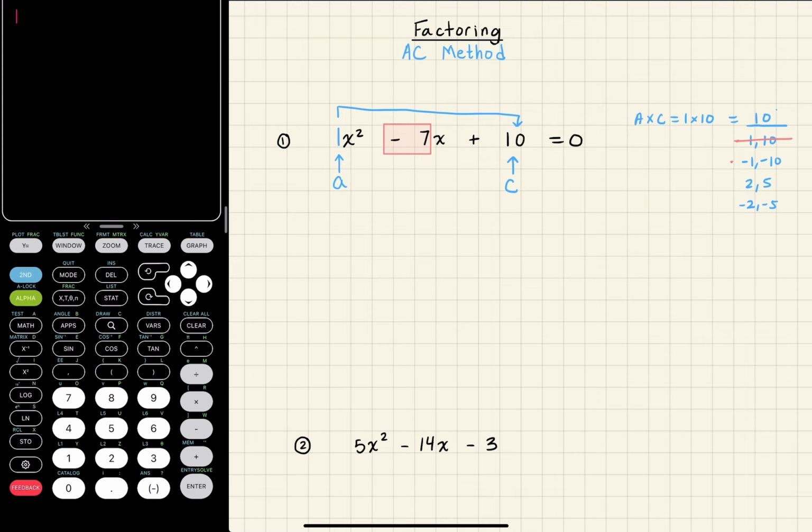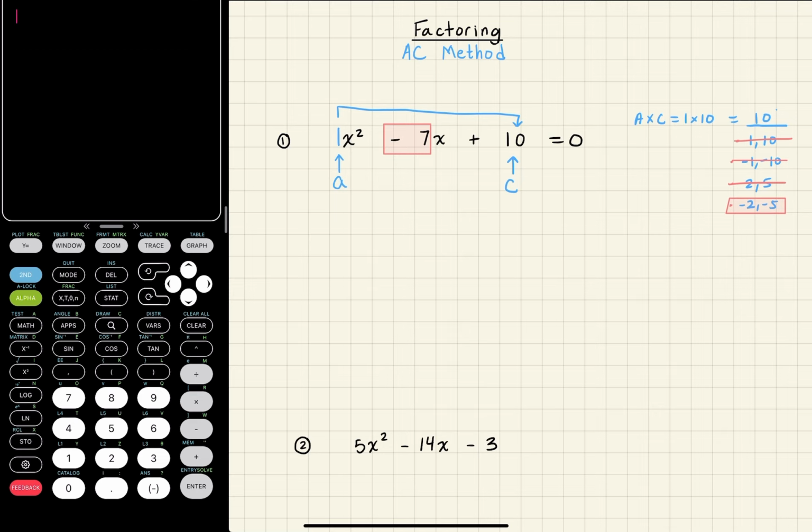Negative 1 plus a negative 10, that's a negative 11. So that's out. 2 plus 5, that's a positive 7, but not a negative 7. We need a negative 7. Negative 2 plus a negative 5, that is a negative 7. So that'll actually work out for us. So we're going to use a negative 2 and a negative 5.